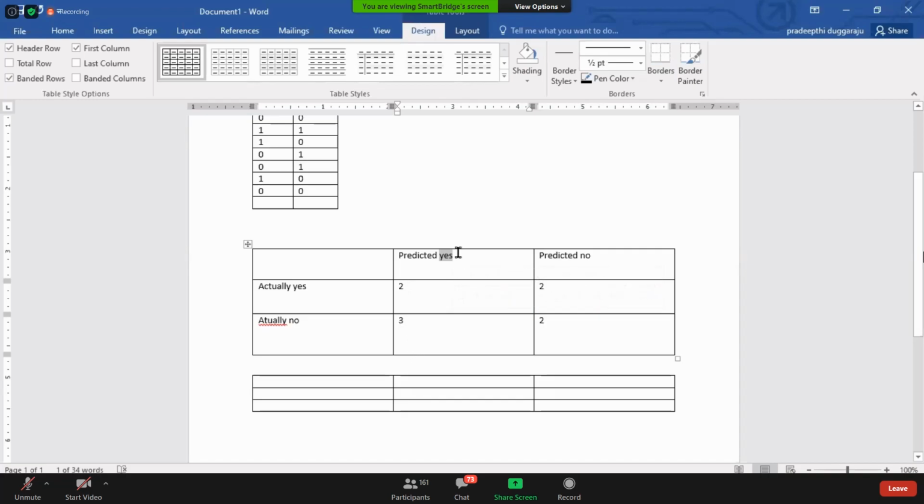So here the column is the yes column, all yeses, positive. No means negative. Positive. This is no. No means negative.